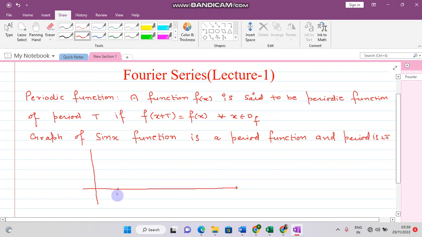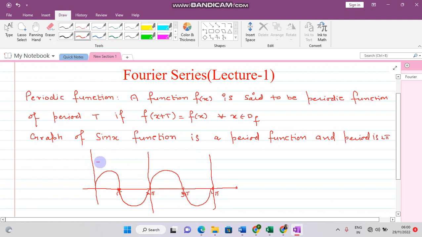Here it is, suppose, pi, here 2 pi, here again 3 pi, and here 4 pi. So the graph of the sin x function is something like this, and then it again goes like this. So you see that after a 2 pi interval, it again starts repeating its values.